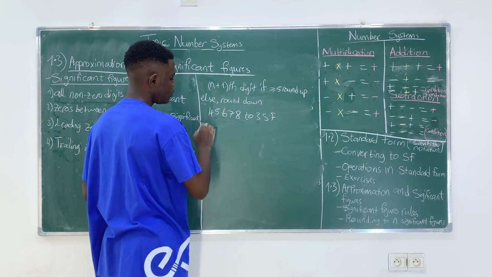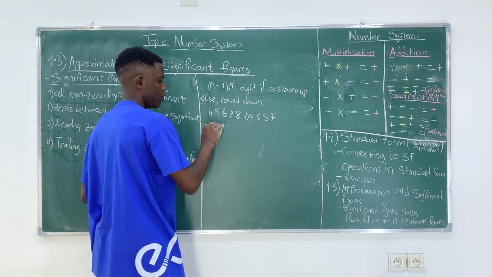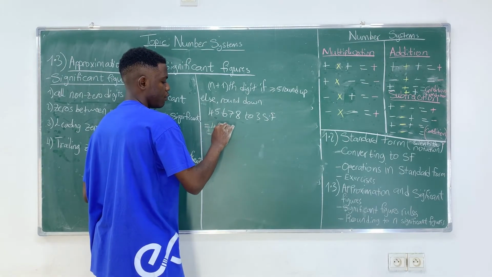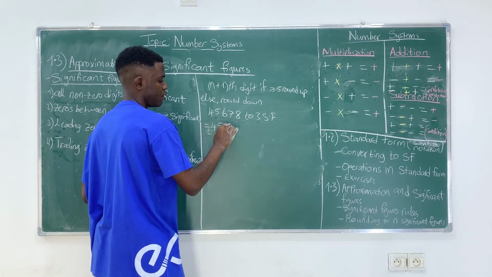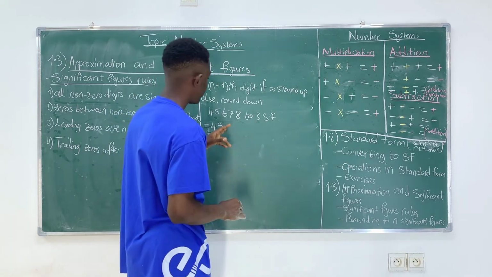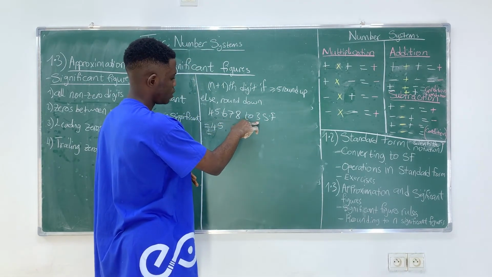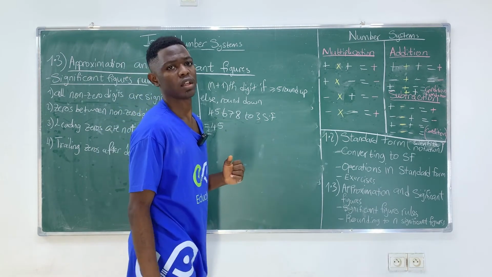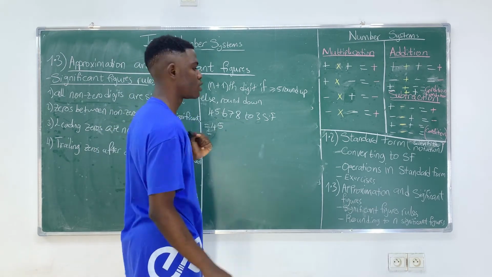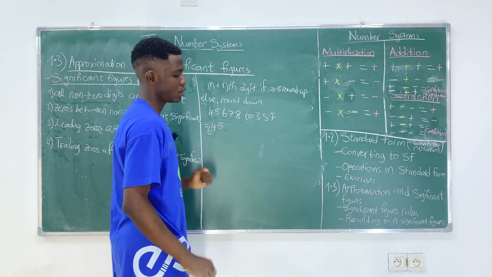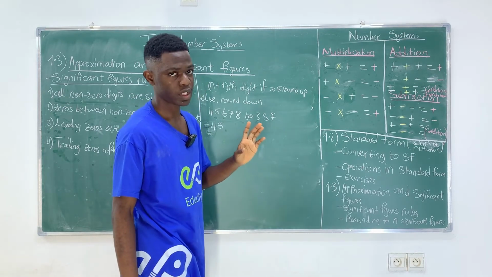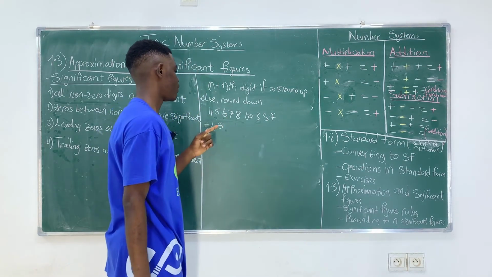They are 4, 5, and 6. Actually, no, it is not the same as 3 decimal places. It is 3 significant figures, very different from 3 decimal places.